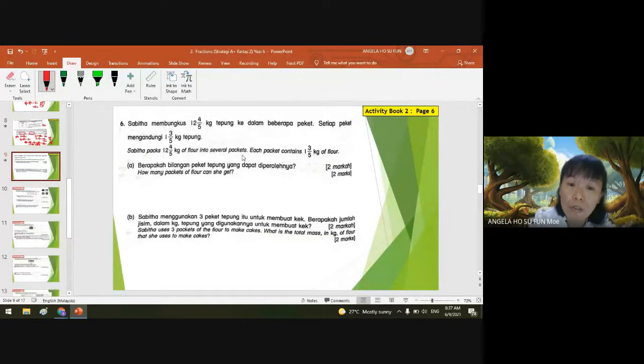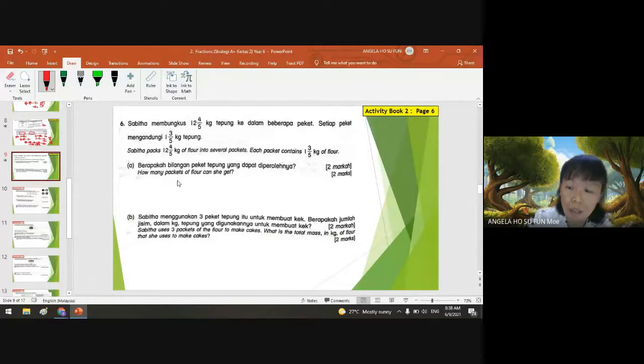From here, repack every packet, you get 1, 3 over 5, 1, 3 over 5, and repeat. How many packets you get when all together the flour that needs to be repacked is 12, 4 over 5 kg.